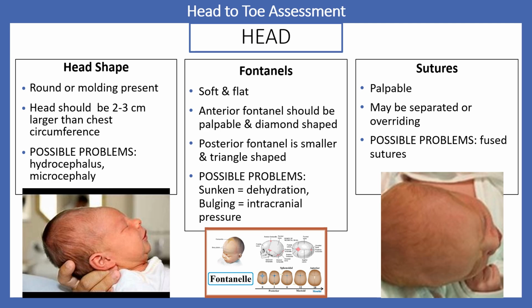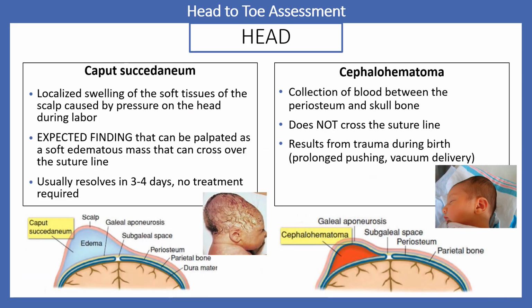The picture on the left shows normal molding. The picture on the right shows overriding sutures, which feel like ridges. Two other normal variations are caput and cephalohematoma.